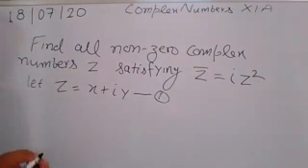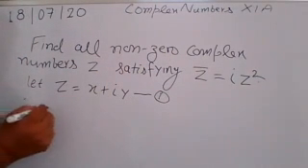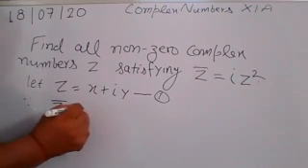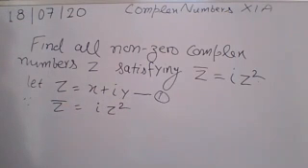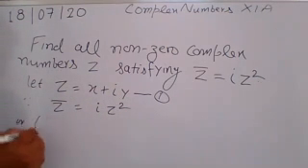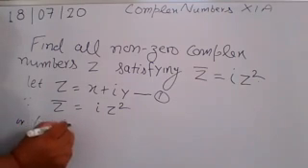Now, what is given? Here you have the conjugate, z bar, is equal to i times z square. Now putting its value, you have x minus iy.